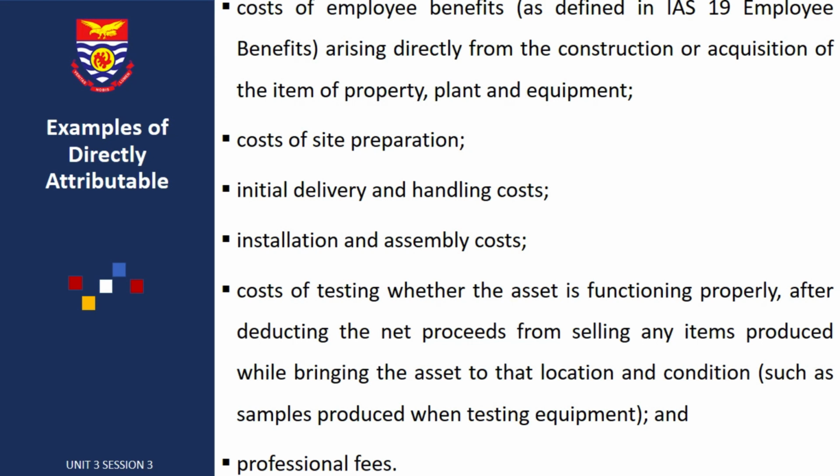So we want to look at examples of costs that are directly attributable to the asset. We have cost of employee benefits as defined in IAS 19 Employee Benefits, arising directly from the construction or acquisition of the item of property, plant, and equipment.